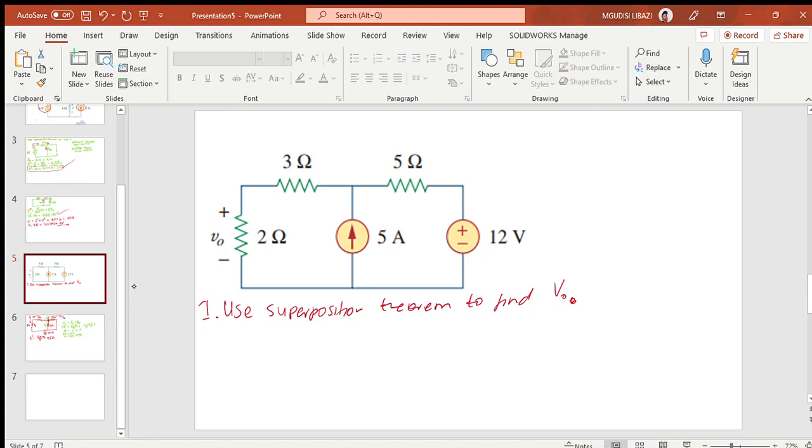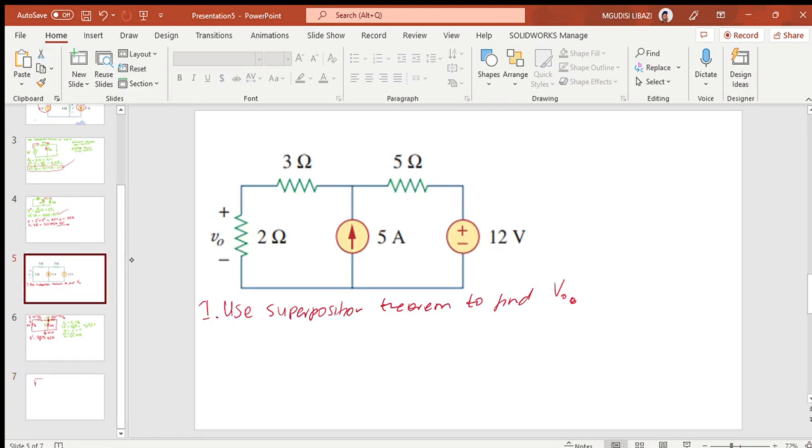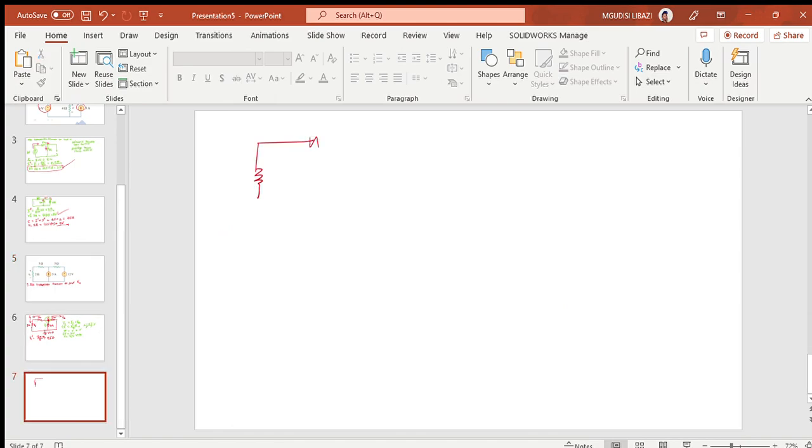When we calculate due to the voltage source, that means we're going to open circuit the current source. So now let's see what's going to happen.